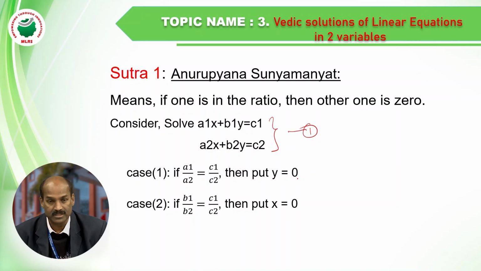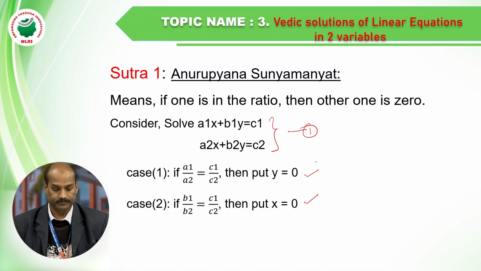That's why I put y equals 0. This is case 1. And case 2: if the y coefficients ratio b1 by b2 equals the constant ratio c1 by c2, then in this case put x equals 0, because we consider the y coefficients, so the other is x. Therefore put x equals 0. Then we will get the unknown values x, y.